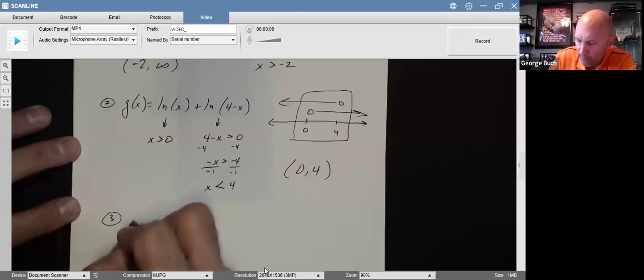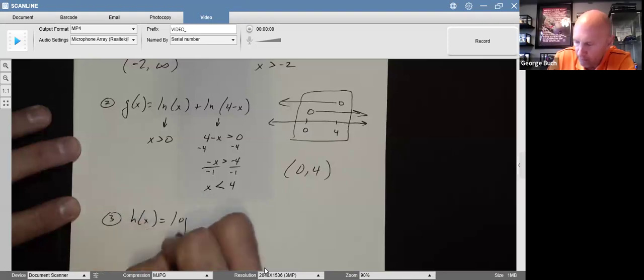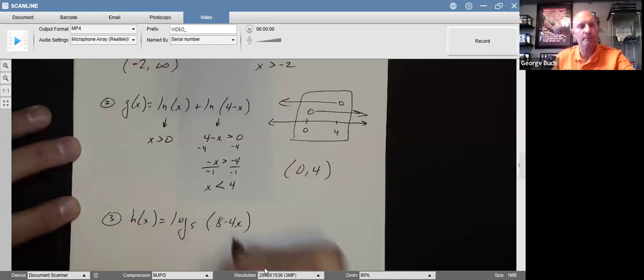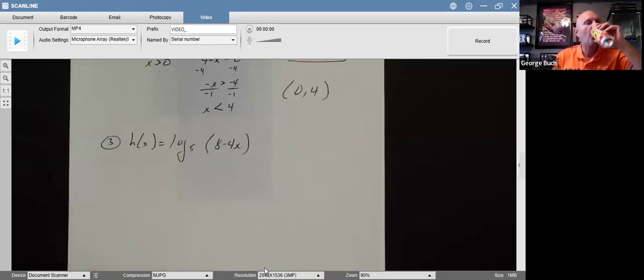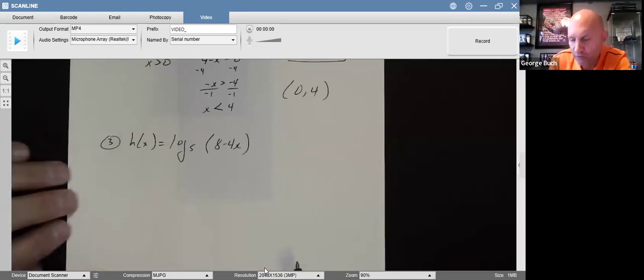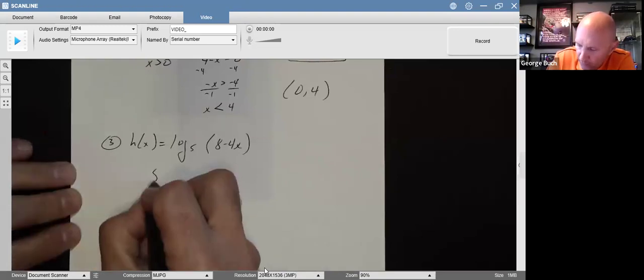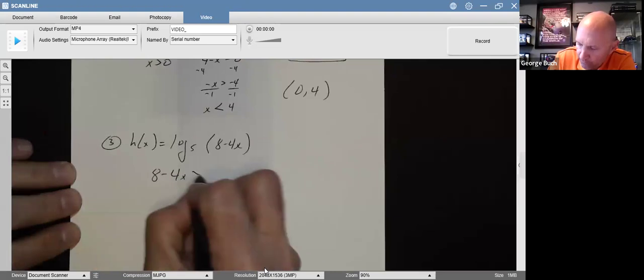And lastly, let's say h of x is equal to log base 5 of 8 minus 4x. So go ahead and try that one. Hopefully you hit pause, worked it, and you're back. So it means 8 minus 4x is greater than 0.